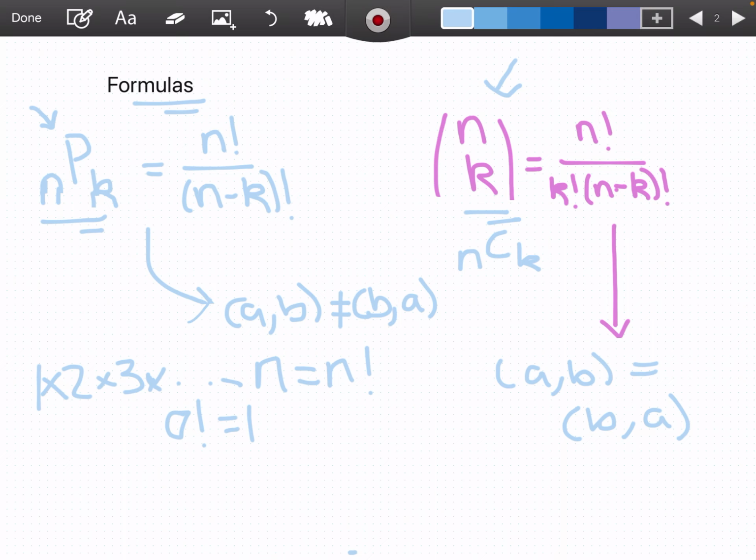So we want to count all the different anagrams of this word. And we can think as there being 6 spots.